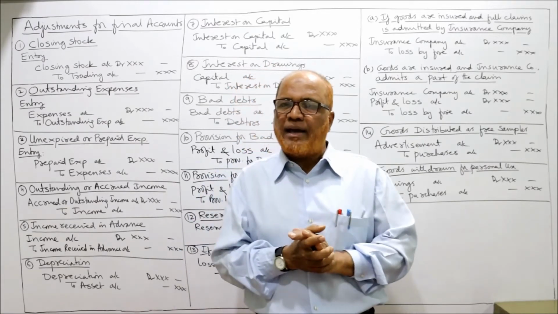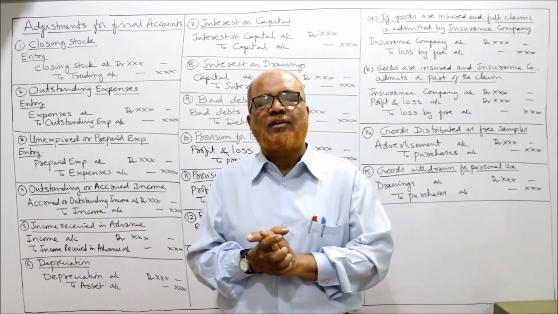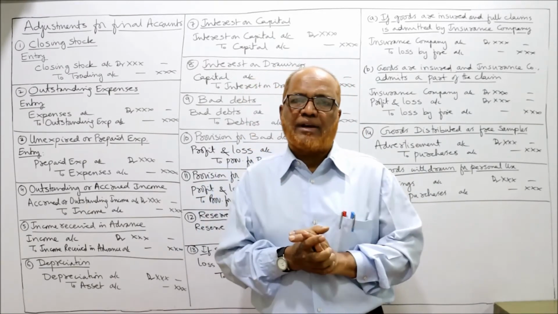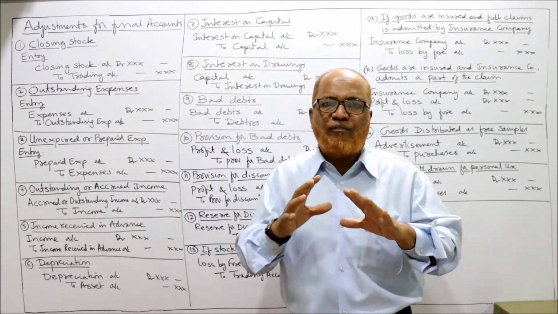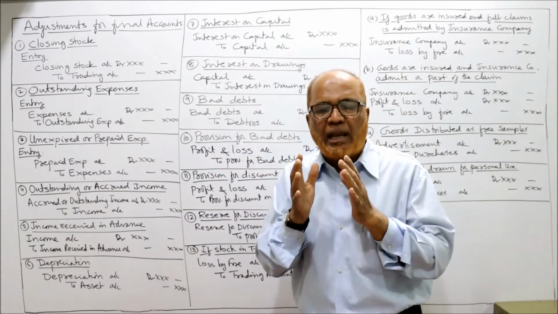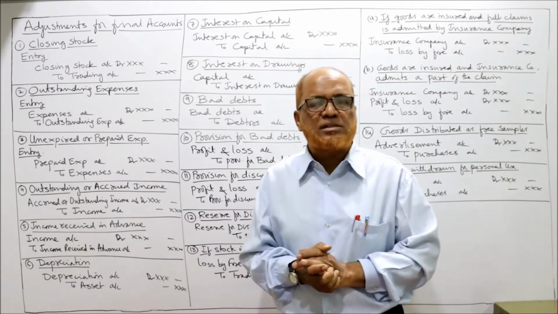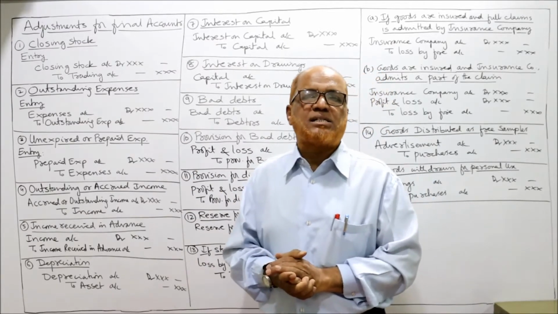In the first video I explained the theory of what final accounts are, how to make the final accounts, and what is the purpose of making them. Then I explained the format of trading account, profit and loss account and balance sheet. Now the last theoretical part of this video is regarding the provisions, regarding the adjustments.